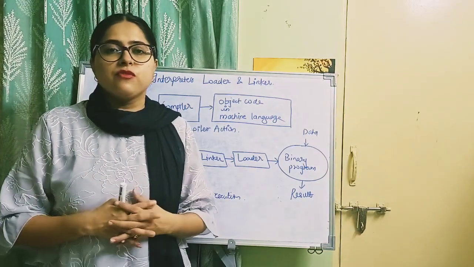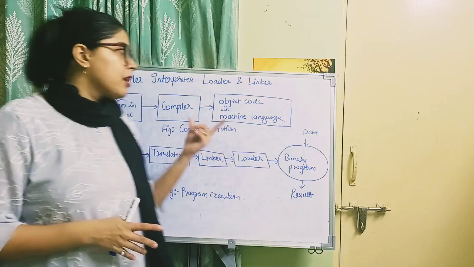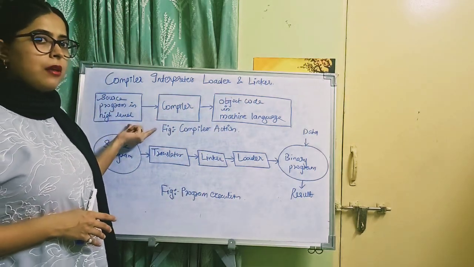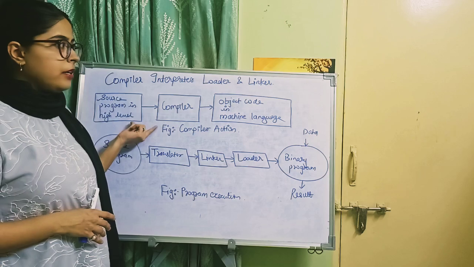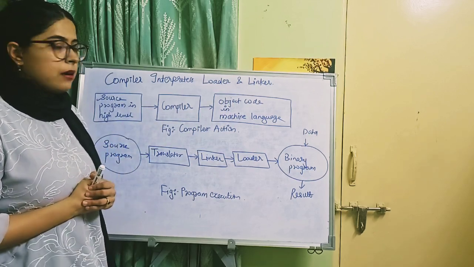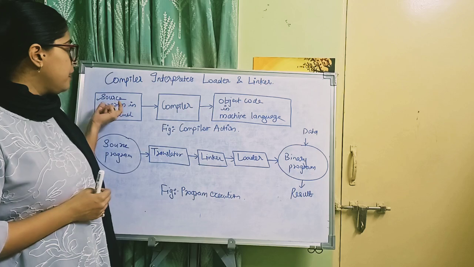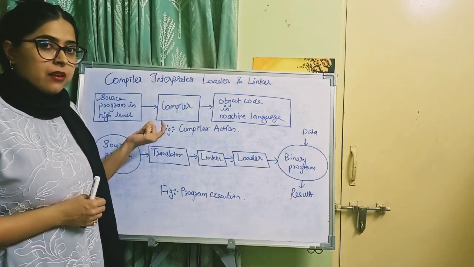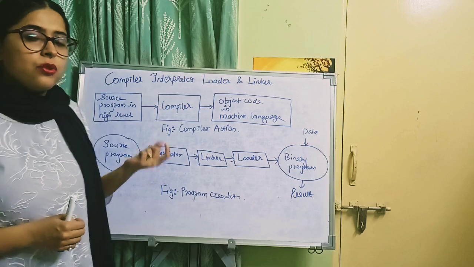Okay, so basically there is one more software like the compiler called an interpreter. What is the difference between the compiler and interpreter? The compiler takes the source code, scans the whole source code at a time, and if errors are there, the printout of the same is given by the computer, whereas the interpreter scans the code line by line. Okay, and line by line it gives you the errors.